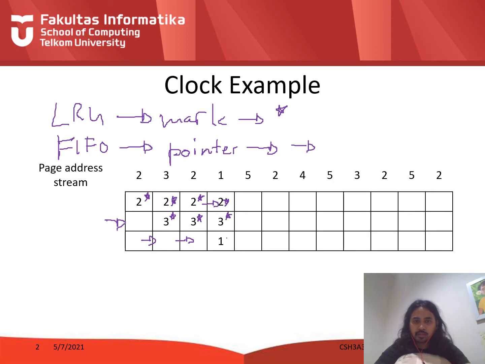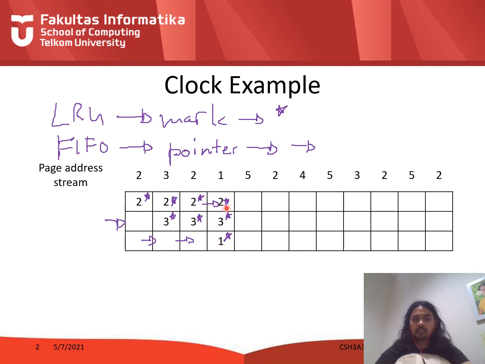And what happens if replacement starts? 5 should replace the one next to the pointer, so it should replace 2, but because there is a star, it checks the next one. And because 3 also has a star, it checks the next one, and because 1 also has a star, it goes back to 2.